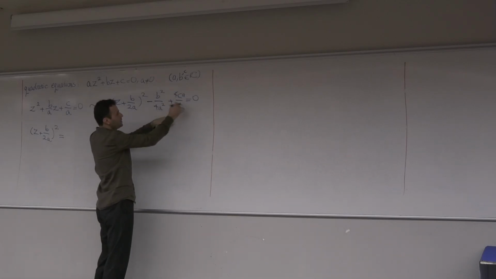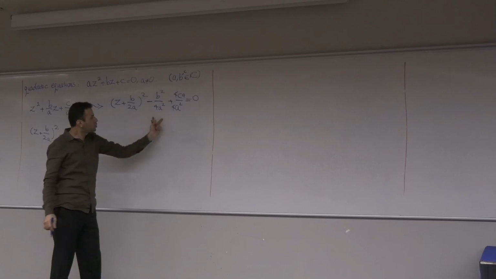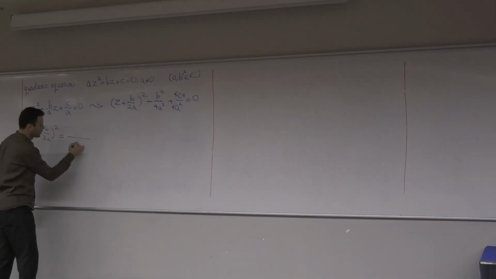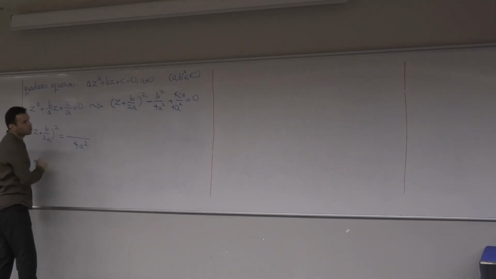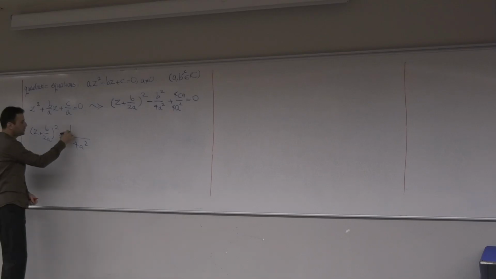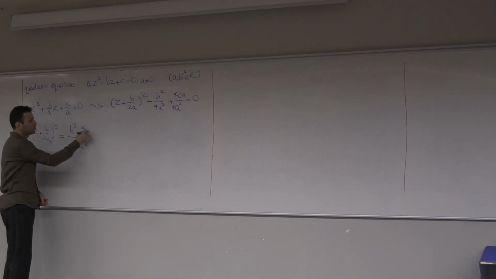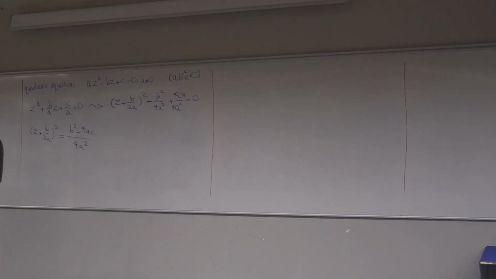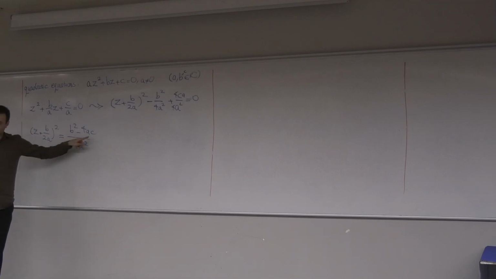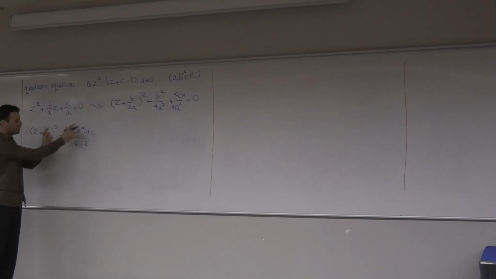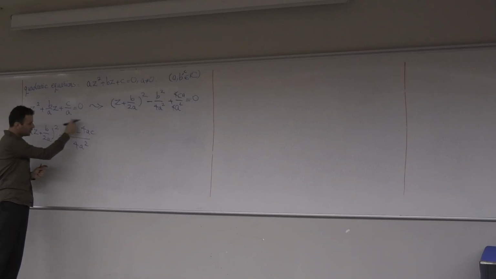So we have the same roots. This is going to be what? 4a squared over b squared minus 4ac. Do you see from where this b to the power of 2 minus 4ac is coming? Now, I want to get just this one because we are going to call this delta.